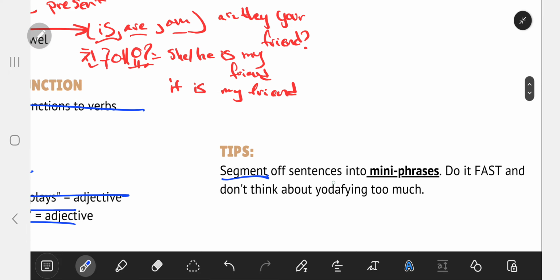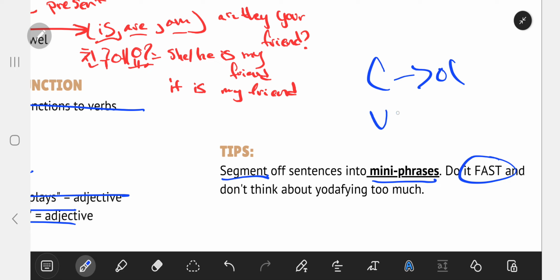So tips: segment sentences into mini phrases. And right now, the challenge is speed. You must think about doing it quickly. When you are learning Korean, you cannot be going like this: oh, is that a consonant ending? Okay, a consonant ending, so is that probably something like ka, or no, wait a minute, is it e? No, it has to be consonant, boom, e. That's how quick you have to be.